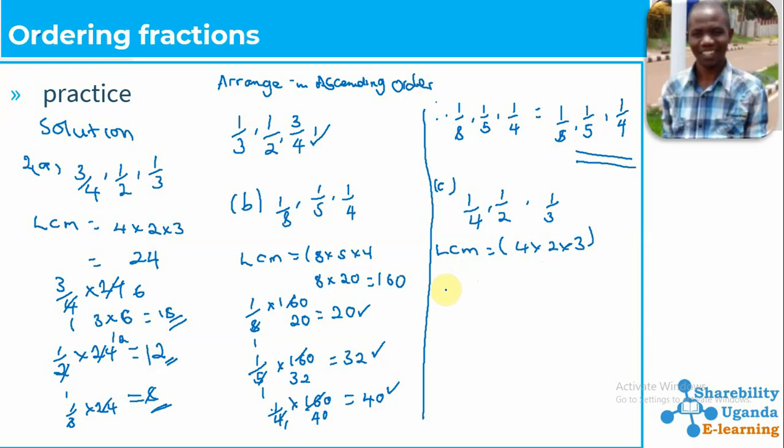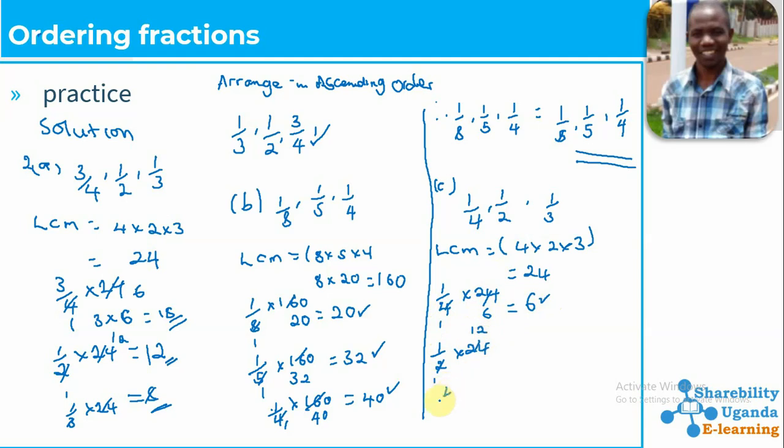We shall get our answer here is 24. So we say 1 out of 4 times 24. By 4, 1; by 4, 6. So here we shall have our answer 6. And then here we have 1 out of 2 times 24, which is 12.